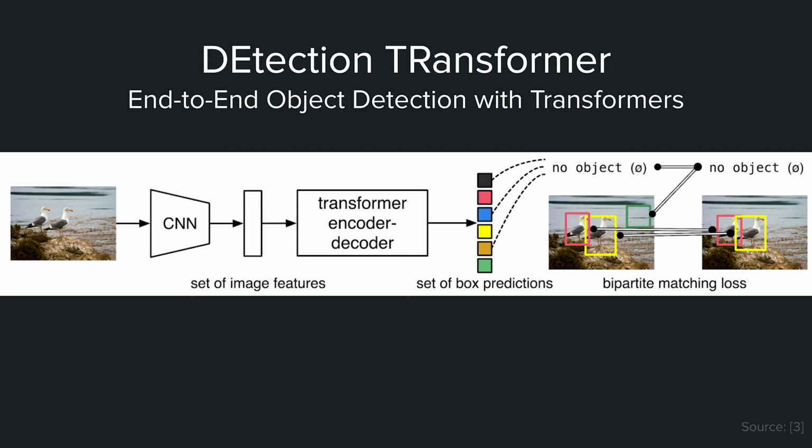So it's an end-to-end approach that gets rid of all these hand-designed mechanisms for anchor generation or non-maximum suppression, and it employs a really clever thing called the bipartite matching loss to make sense of how those generated output boxes relate to the actual boxes in our input image.